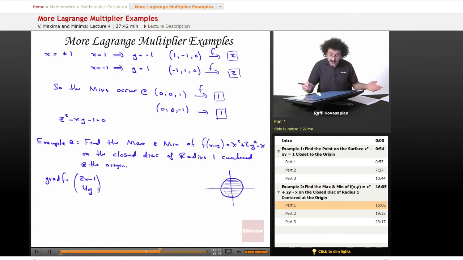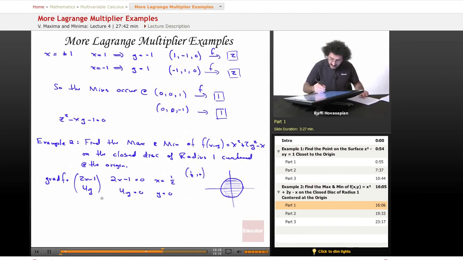Now we want to check where these are equal to 0. So we've got 2x minus 1 equals 0, and we've got 4y equals 0. This implies that y equals 0, and this implies that x equals 1/2. So the point (1/2, 0) is a critical point.